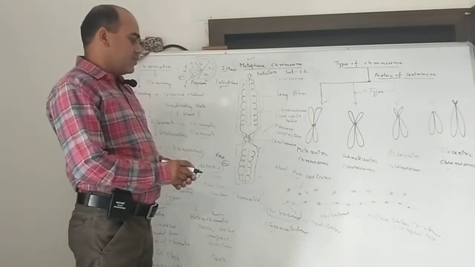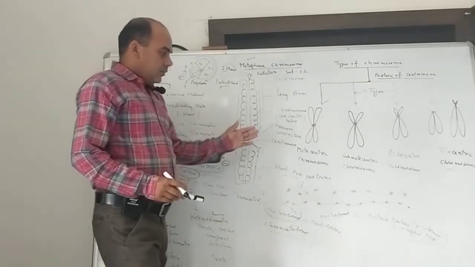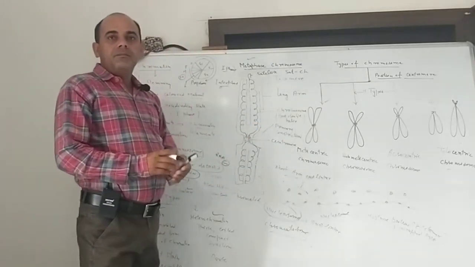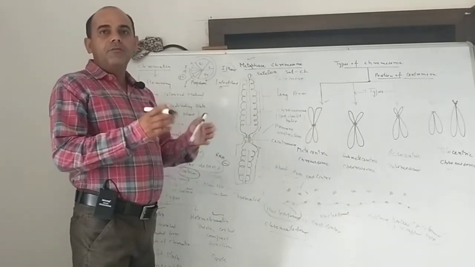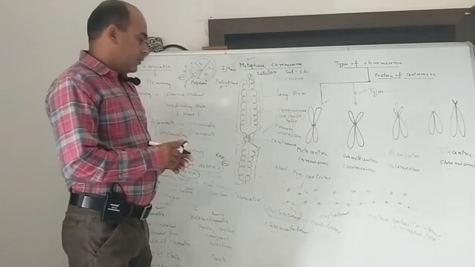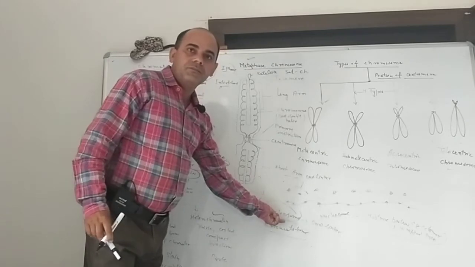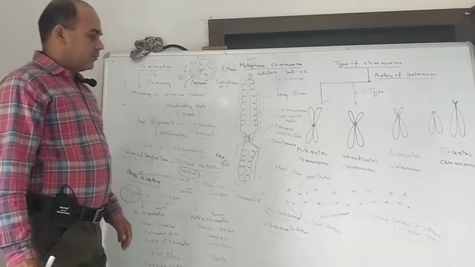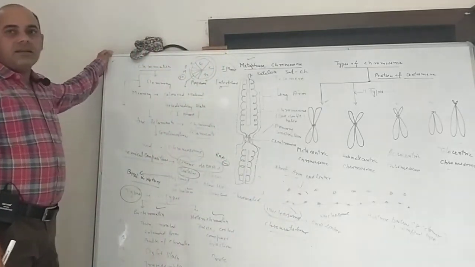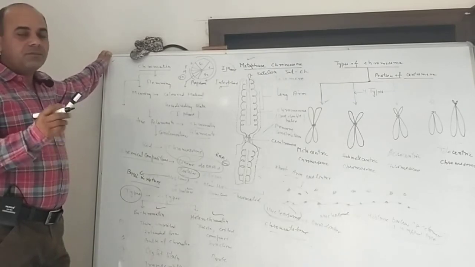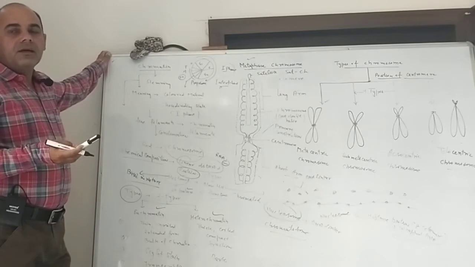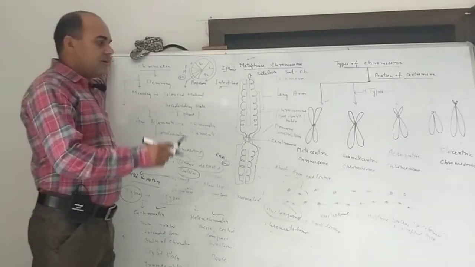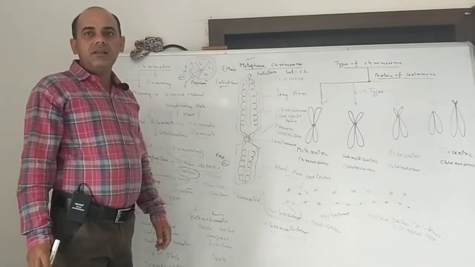Very simple definition: histone protein plus wrapped DNA is called nucleosome. What are histones? These are the basic structural proteins around which the DNA is wrapped. Histone has a positive charge, the DNA has a negative charge.